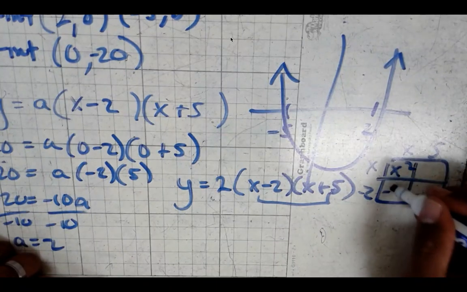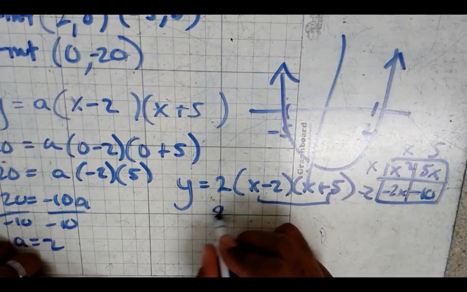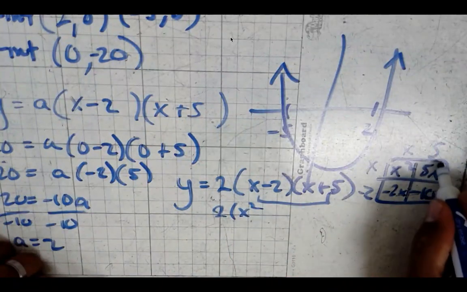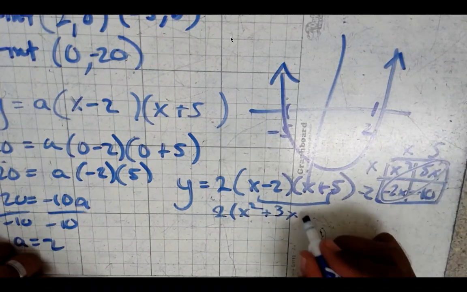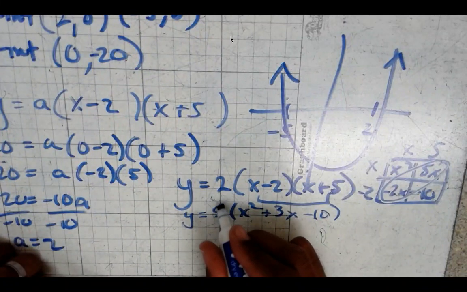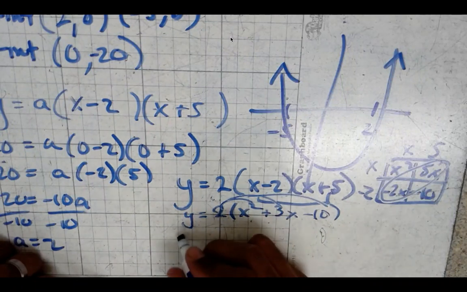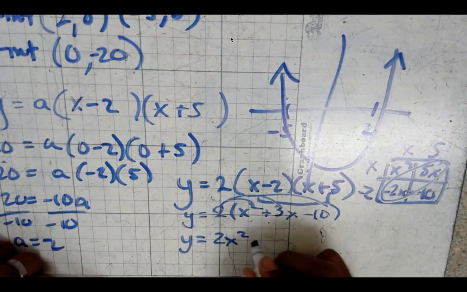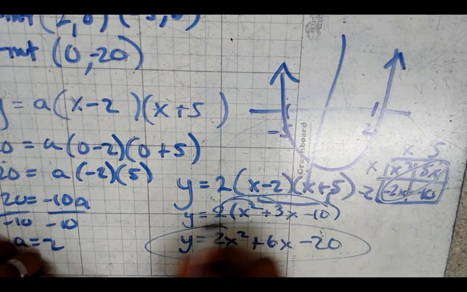Multiply these out, get x squared, negative 2x, 5x, negative 10. Then I get x squared, and add these two terms, plus 3x, then minus 10. The last step to get it in standard form is that I've got to distribute this a value to each term. So now I end up with 2x squared plus 6x minus 20. All right, then you're done.